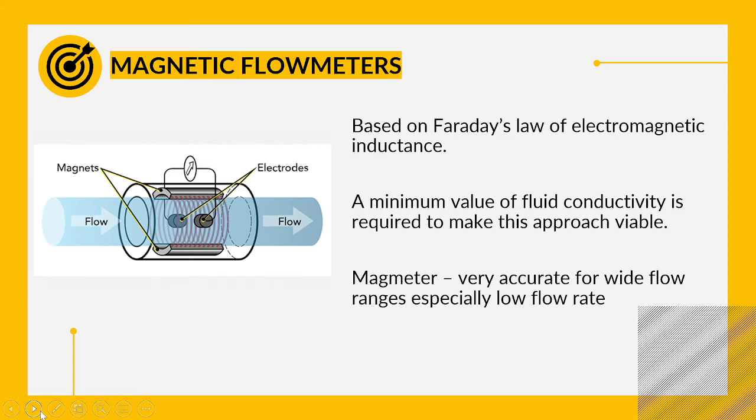Magmeters are very accurate over a wide flow range and are especially accurate at low flow rates. Typical applications include metering viscous fluids, slurries, or highly corrosive chemicals. This is the diagram for a magnetic flow meter. You can see there is a magnet there, since that's the basic principle of magnetic flow meters.